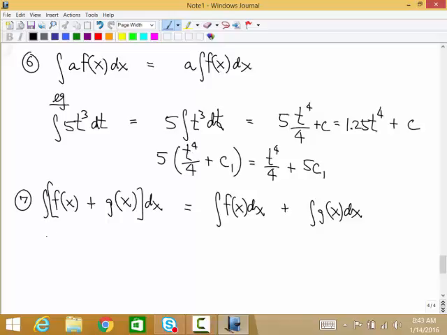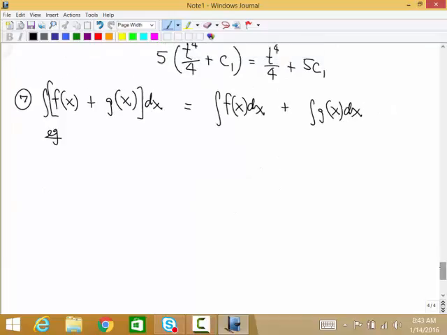And so, for example, if you have the integral of 3u cubed minus 2u du, that's equal to 3u to the 4th over 4 minus u squared plus c.